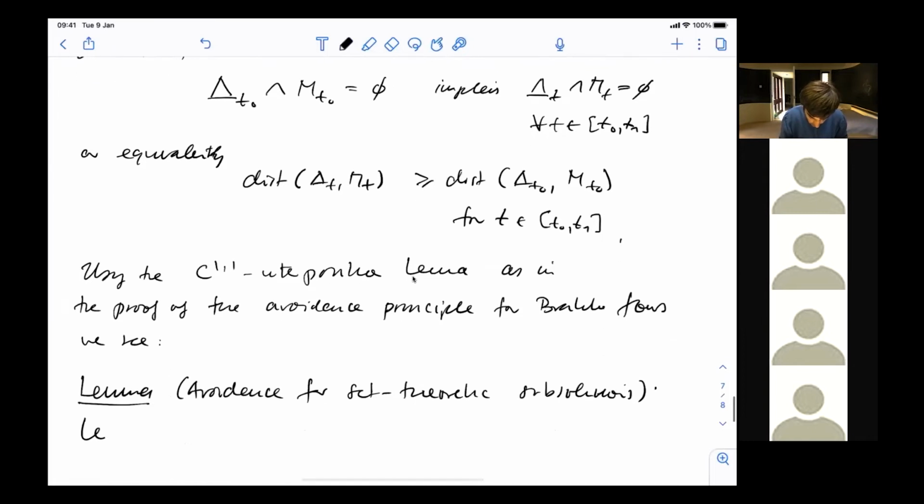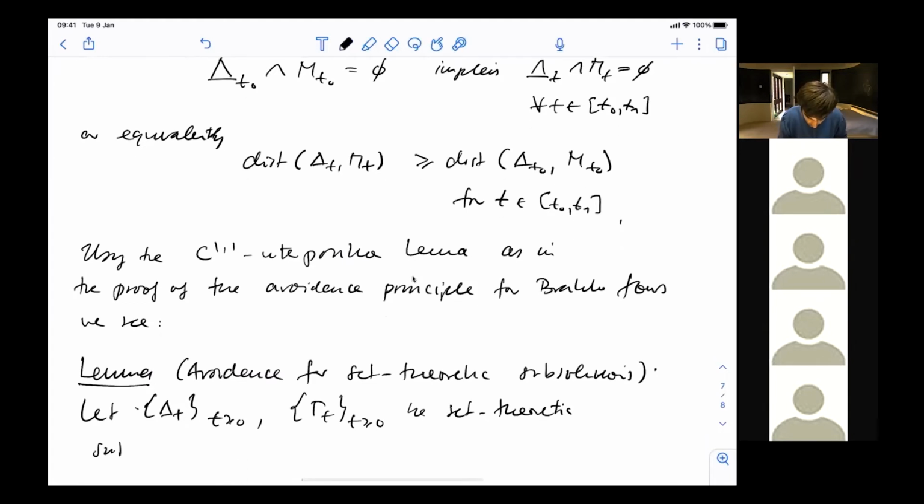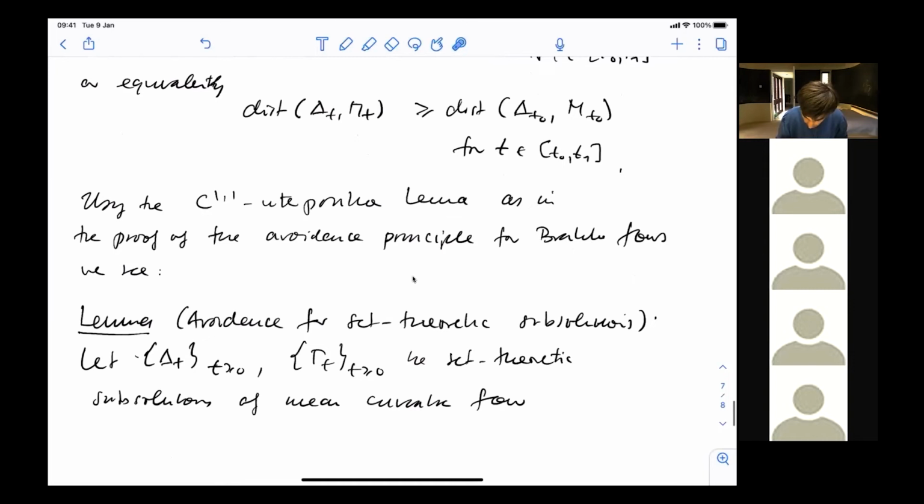And we say, okay, let Δt, t positive, and Γt, t positive, be set theoretic subsolutions of mean curvature flow in R^(n+1).